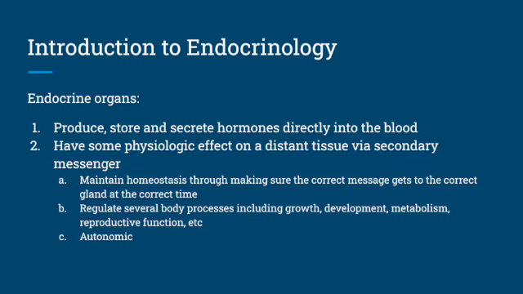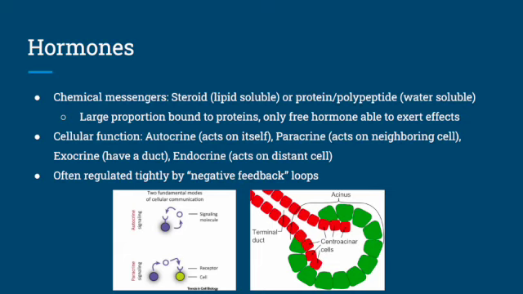And there's a really fine-tuned network of organ systems working behind the scenes on things like growth, development, metabolism, and reproductive function to try to maintain homeostasis, this idea of optimal, balanced function. And as we were describing, these hormones can be steroid molecules, which are lipid soluble, or they could be protein or polypeptide molecules, which are water soluble.